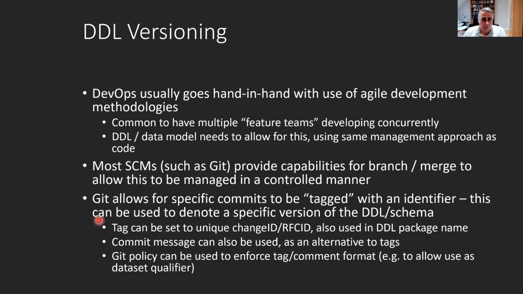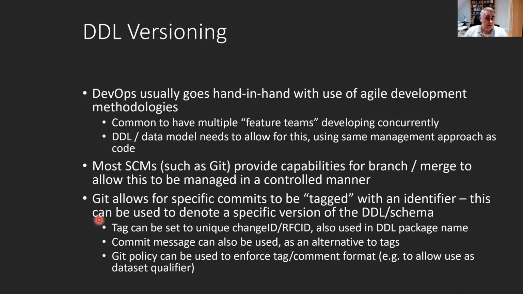The way in which we use this, we use these tags to specify an RFC ID, a particular ID to tag a set of changes to the DB2 schema, essentially a version ID for that particular schema. You can use tags, you can also use commit messages for this. We use it a lot as an element of dataset names for things like the DDL package we deliver onto the mainframe.